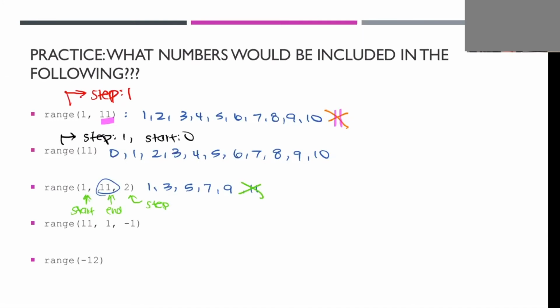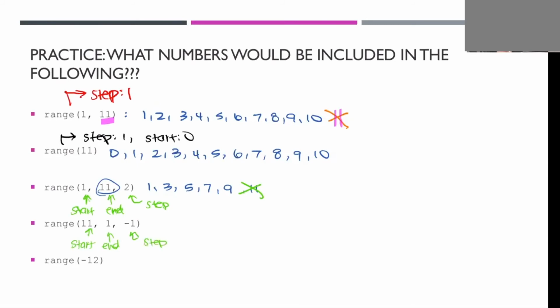Now this one we have something a little bit different. We've always been incrementing our numbers. Now we are decrementing our numbers. We are going -1 now. So this one might be a little bit tricky too. So start, and this is our end. Still not inclusive though. And then we have the step.